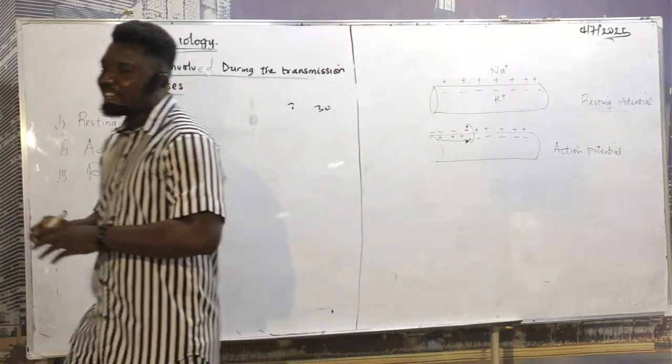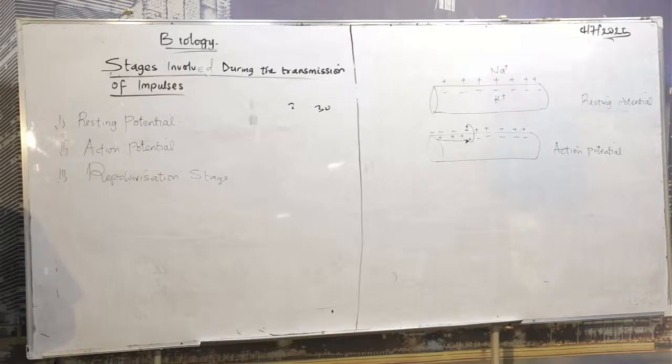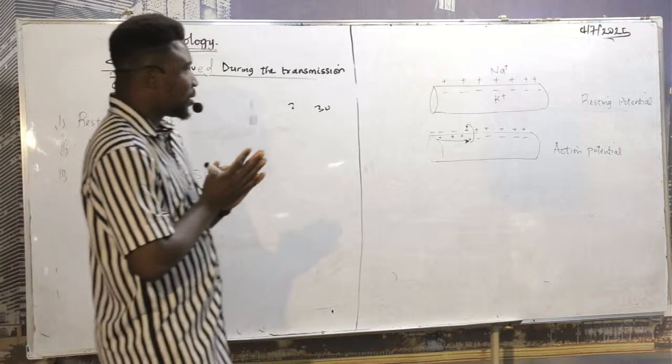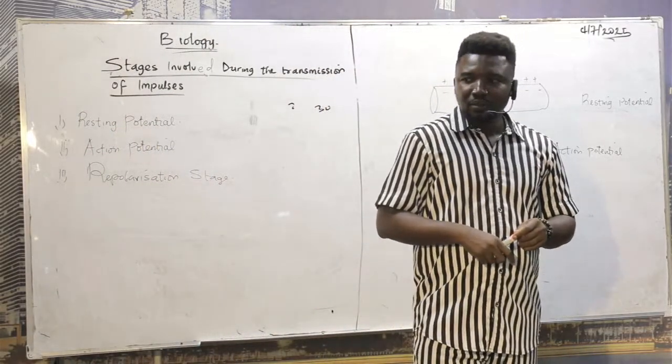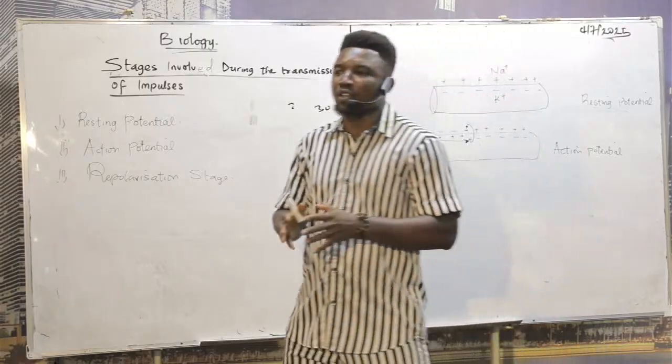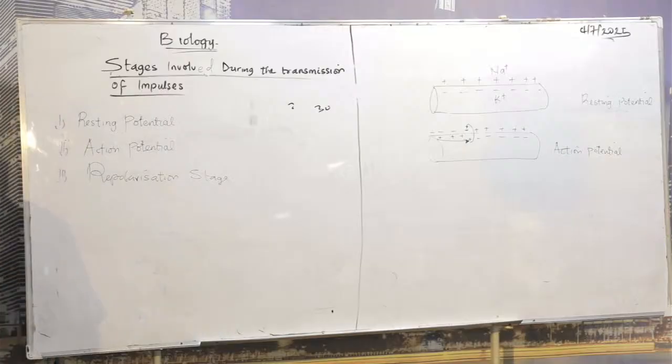Action potential is the stage of the nerve where there is transmission of impulses. But resting potential means when there is no transmission of impulses, or we can say that the nerve is at rest.